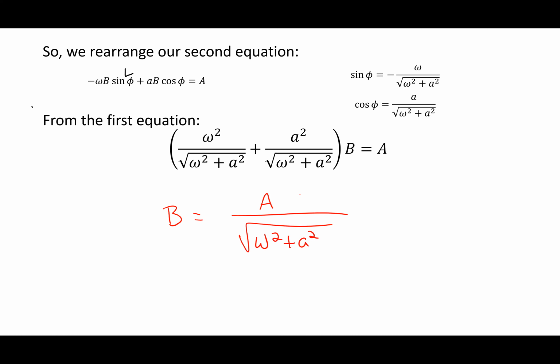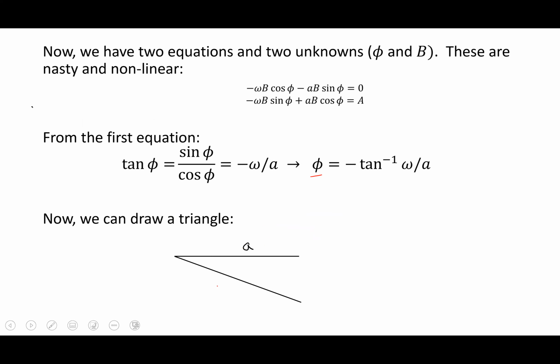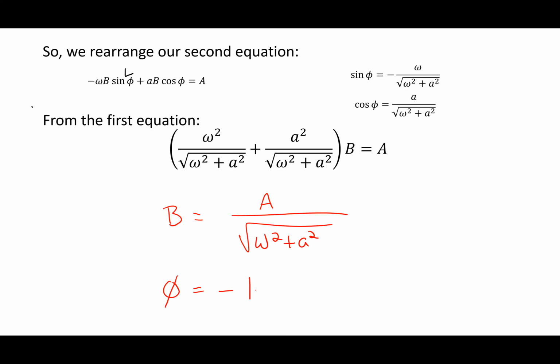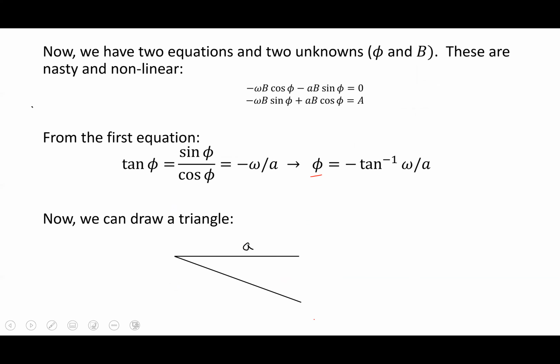I guess it ends up with this, right? Bottom line, I also get that phi ends up being minus arctan of omega over A. A lot of work, and I skipped over it because I did it very quickly.